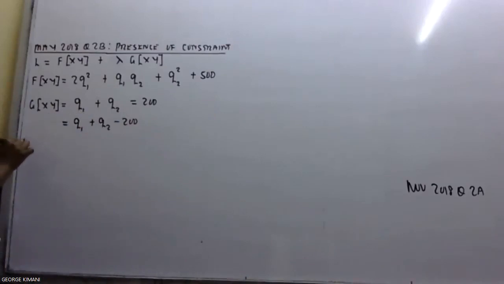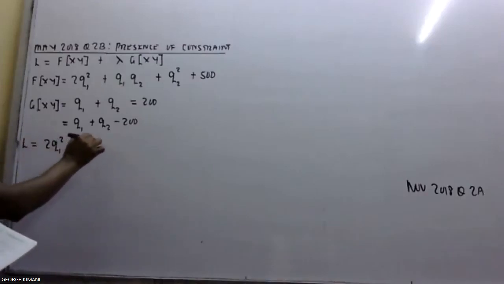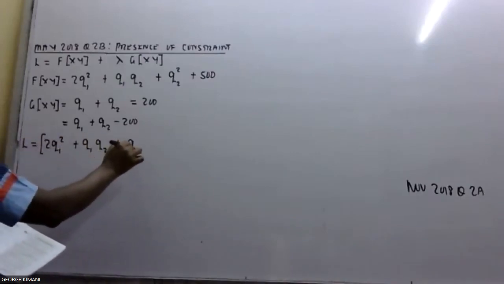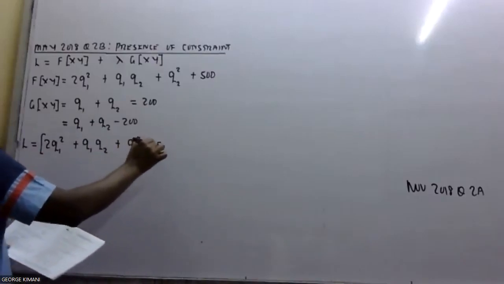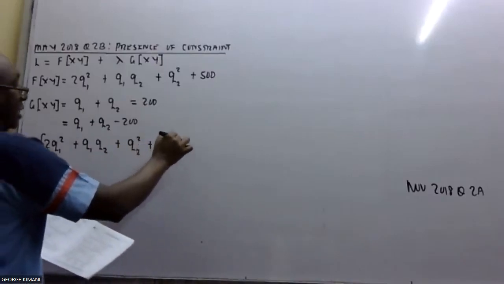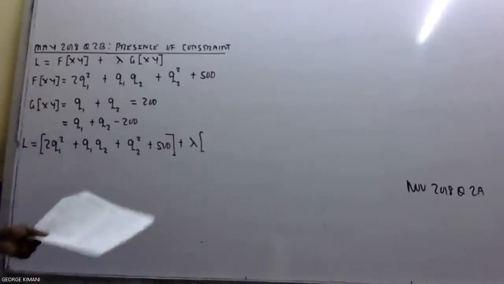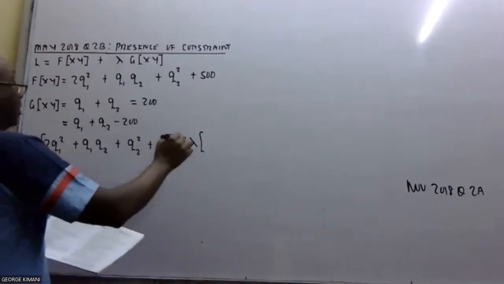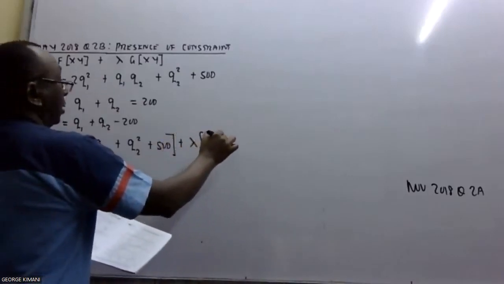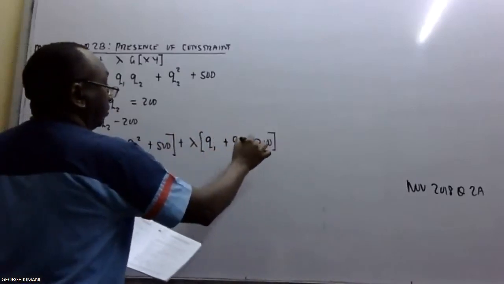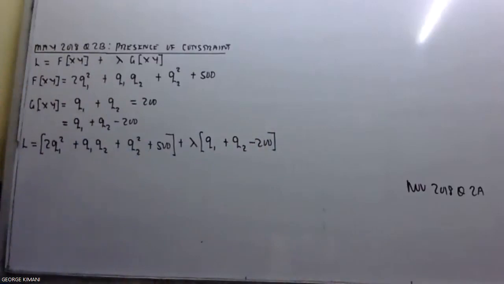So with that, you then come here and say that our grade will be 2Q1 squared plus Q1 Q2 plus Q2 squared plus 500, then you say plus lambda. Lambda is the rate of change. You multiply by g of xy, which is Q1 plus Q2 minus 200.